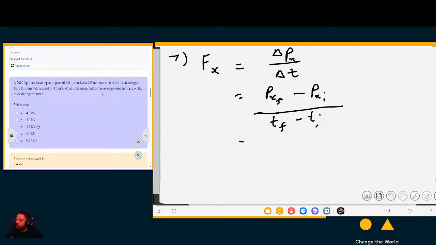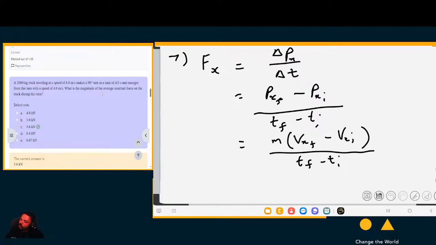Now, if you were to substitute this even further, we know that momentum is mass times velocity. So we can write mass times velocity final in the x direction minus velocity initial in the x direction, over tf minus t initial. Okay, so that is how you will get your average force in the x direction.